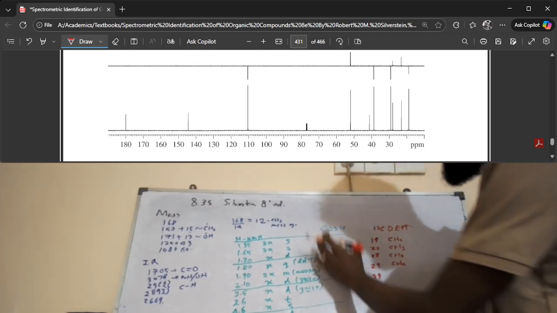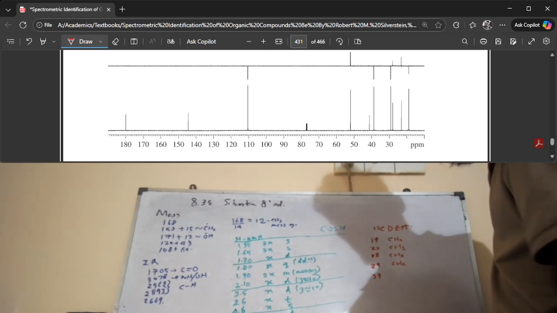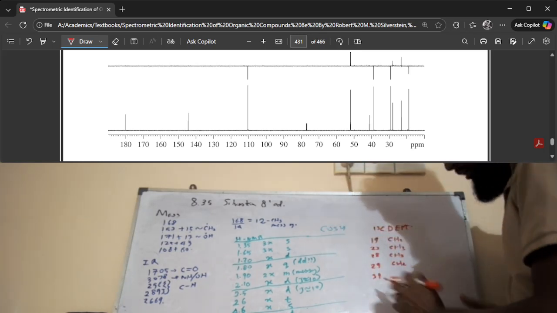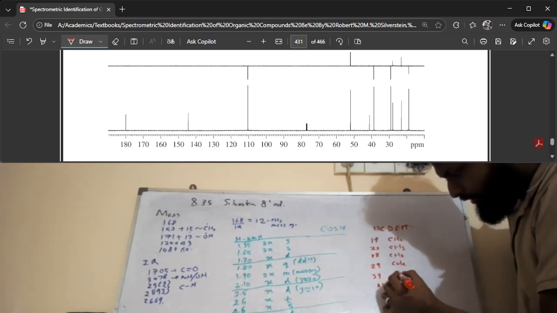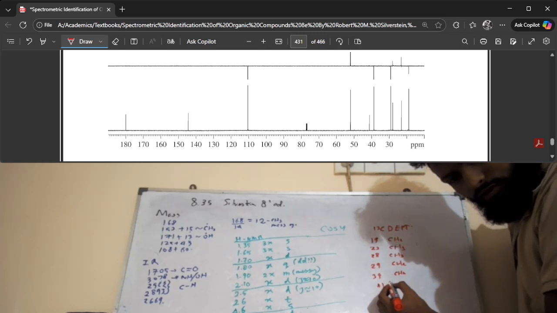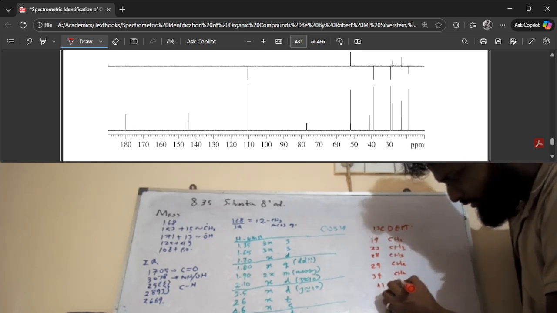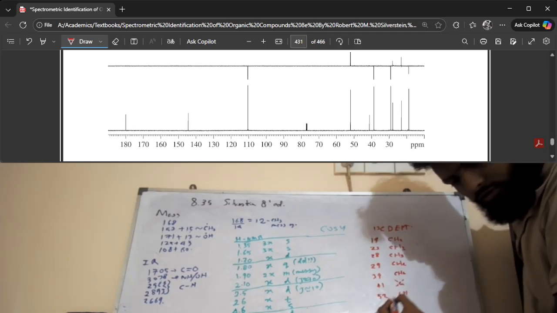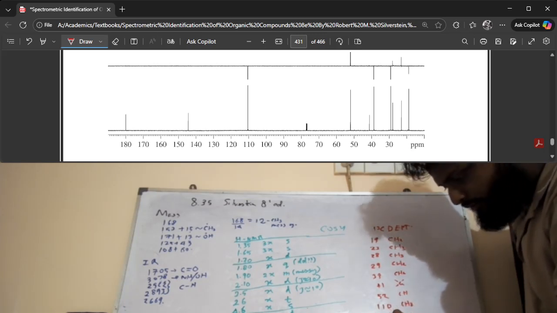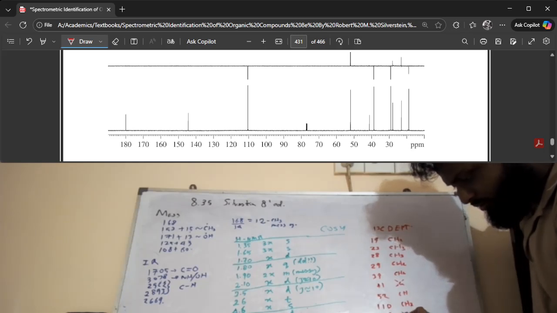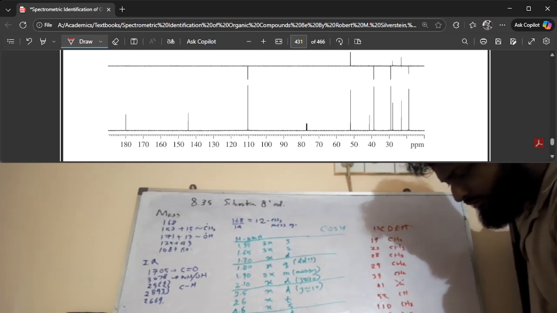You don't have to think much once you have the DEPT with you, because it tells everything right away, right? 39, and then the signal at 43.9 is a CH2. 41 is a quaternary carbon. 52 is a CH. All right. 110 is a CH2. And then 145 is also a quaternary carbon. And then finally 180 is again a quaternary carbon.